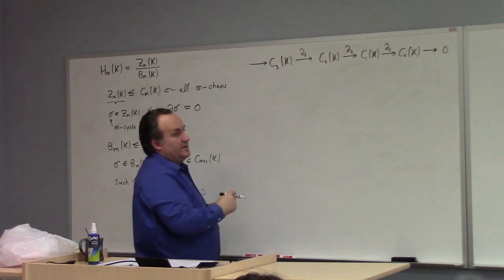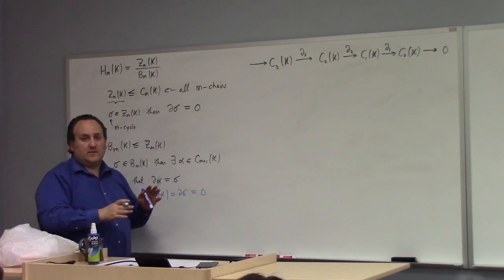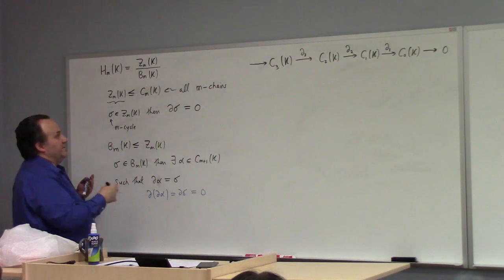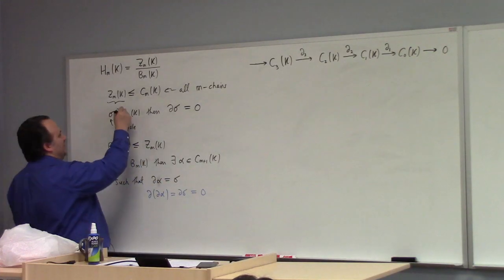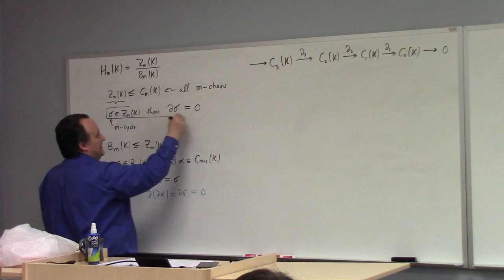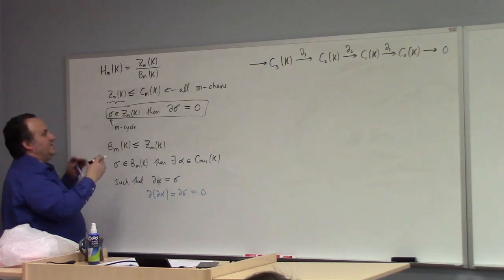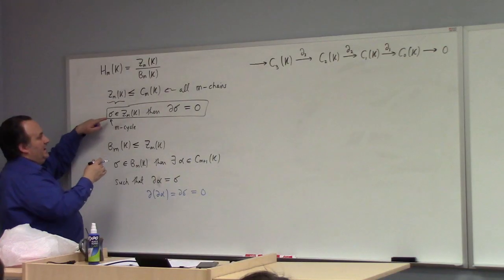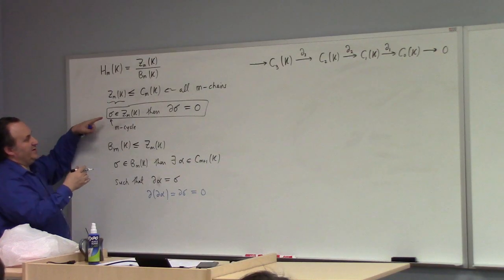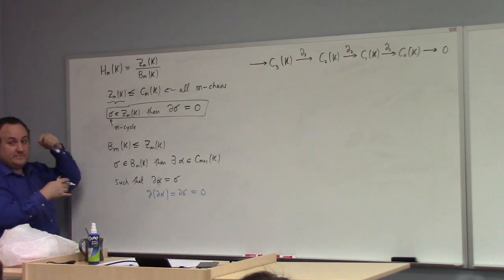So that's the setup. You guys tell me, what does this equation mean in terms of usual linear algebra? Sigma is in the cycles. That would say sigma is an element of what with respect to the boundary operator?